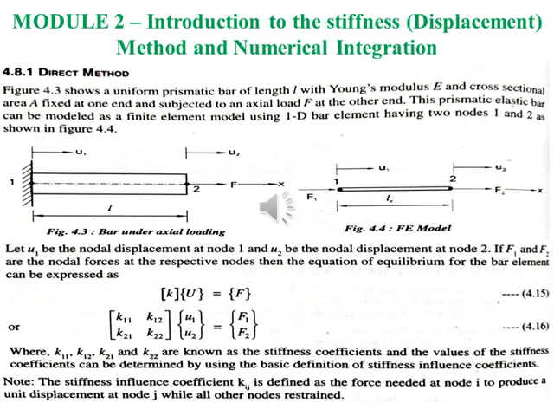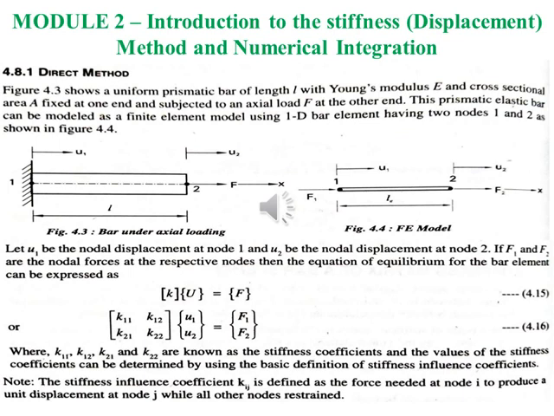So in simple words, stiffness into displacement is equal to the load acting. We can further write this in matrix form as [k11 k12; k21 k22] into [u1; u2] is equal to [f1; f2]. So u1 and u2 are the nodal displacements at nodes 1 and 2, and f1 and f2 are the nodal forces at nodes 1 and 2.